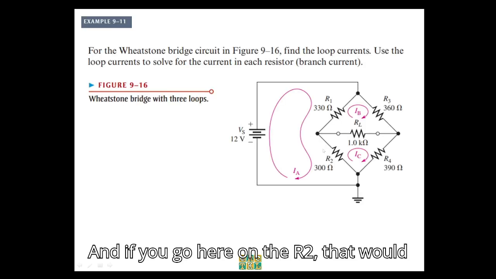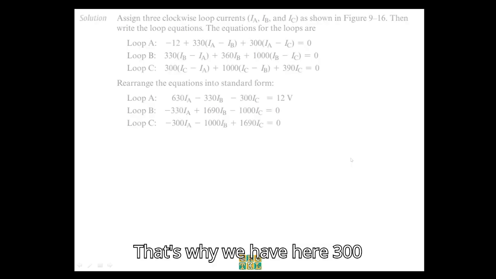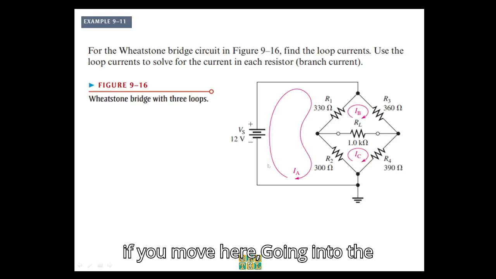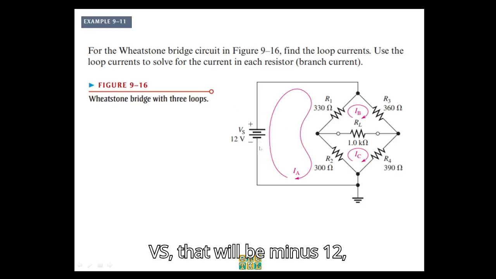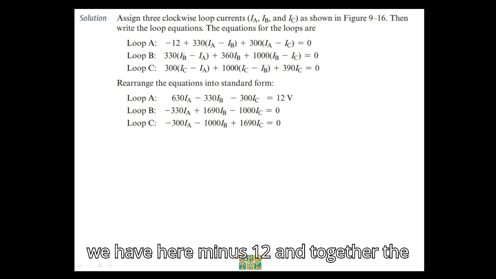And if you go here on the R2, that would be 300 multiplied with IA minus IC. That's why we have here 300 IA minus IC. And finally, if you move here, going into the VS, that will be minus 12. Correct? Minus 12 going upward. That's why we have here minus 12.